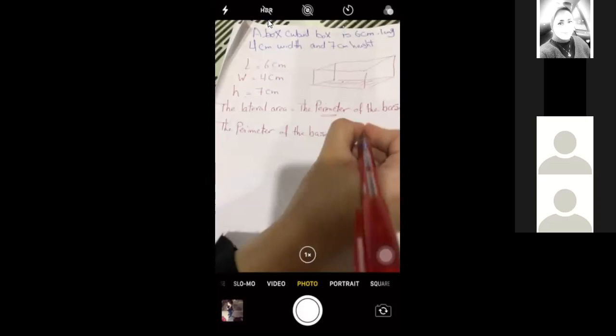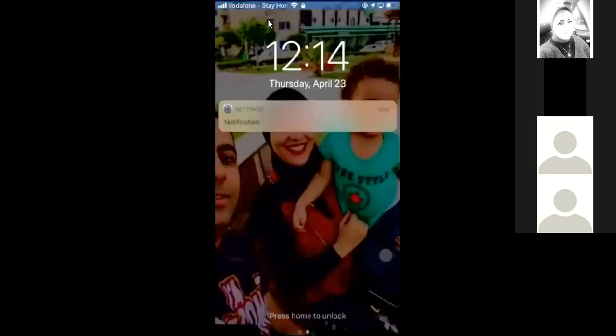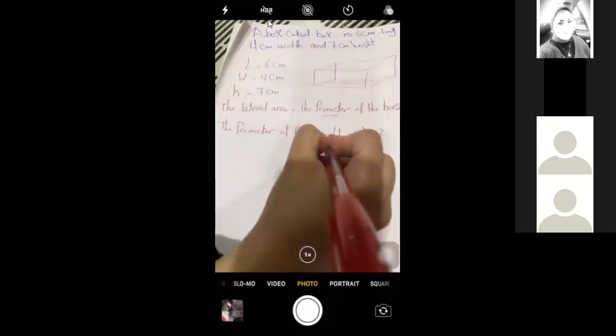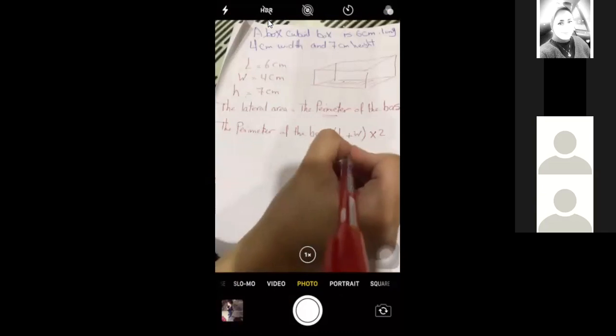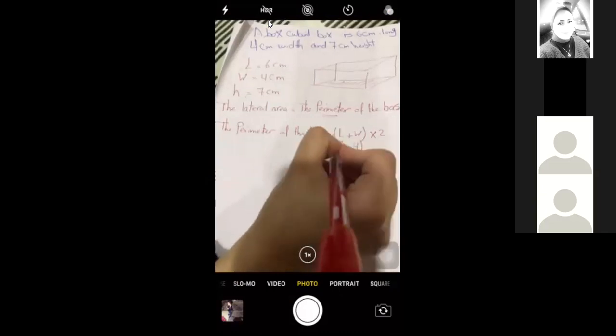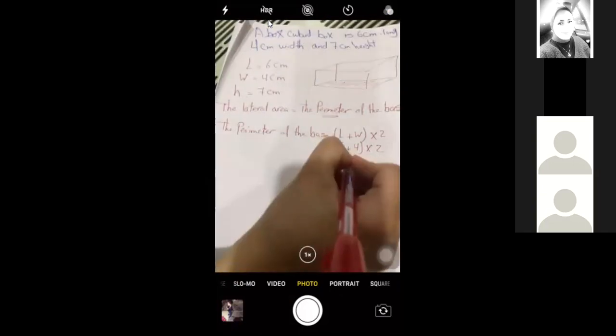So to get the perimeter: length plus width multiply 2. So it equals, the length is 6 plus width is 4, multiply 2. 6 plus 4 equals 10, multiply 2 equals 20 centimeters. So I get the perimeter here. Can I get the lateral area? Yes, of course.